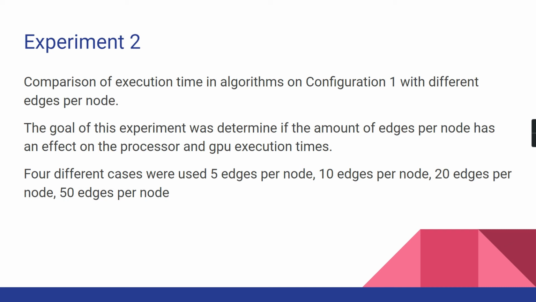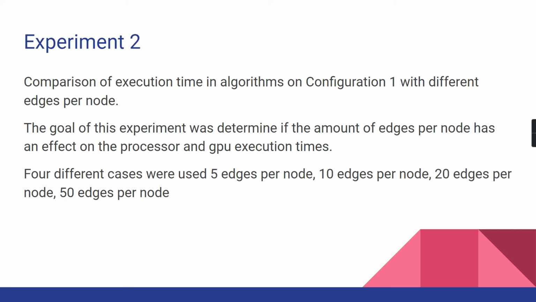And in experiment 2, they compare the execution time of the parallel algorithm on configuration 1 with different edges per node. The goal of this experiment was to determine if the amount of edges per node has an effect on the processor and GPU execution times, and which one of those 2 would be faster to execute the parallel Dijkstra's algorithm.